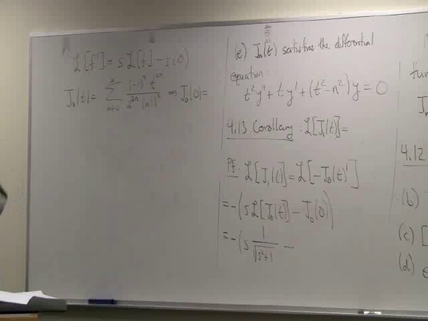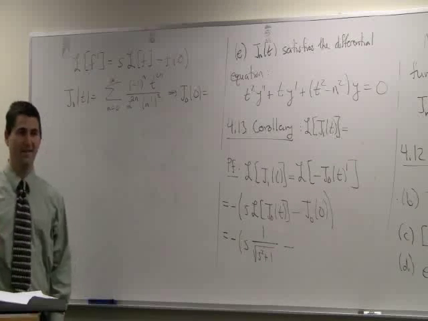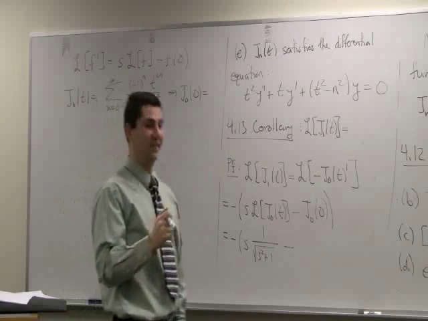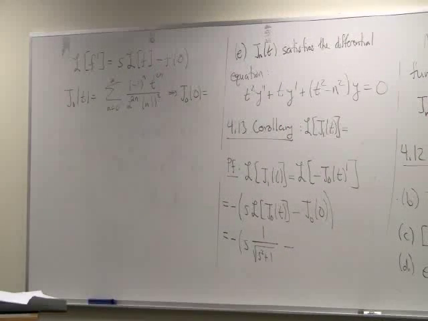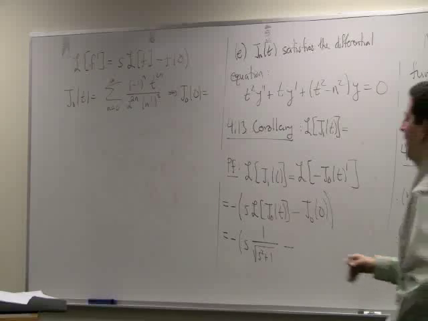I'm sorry, I didn't hear. 0? You sure about that? Ling, yes, I'm very, very sure. The fact that I asked it that way suggests that you shouldn't be so sure, though, don't you think? So you just plug in t equals 0, right? These all die.